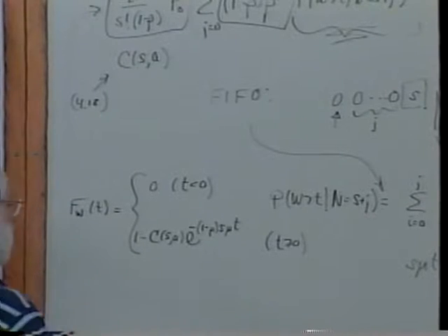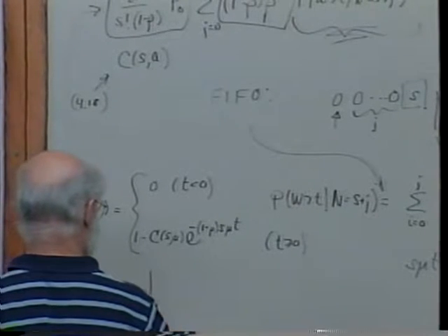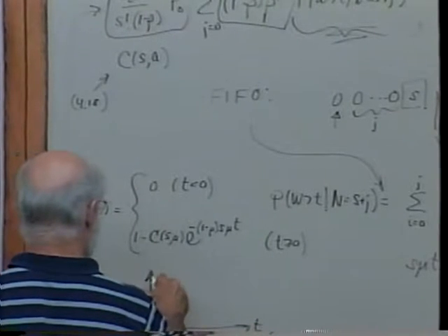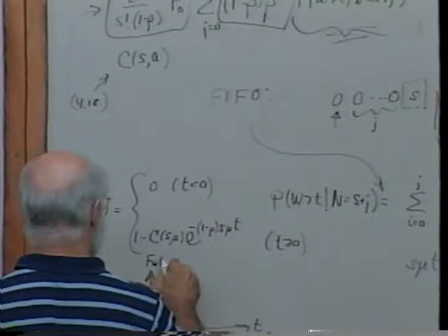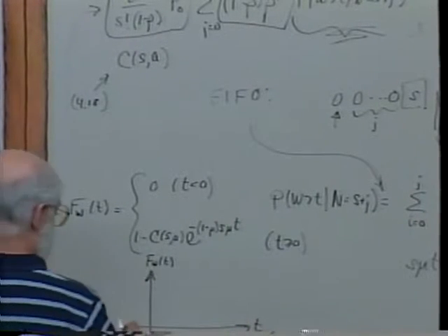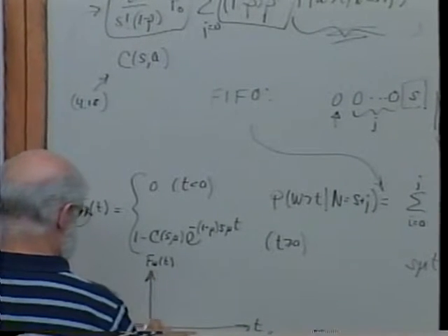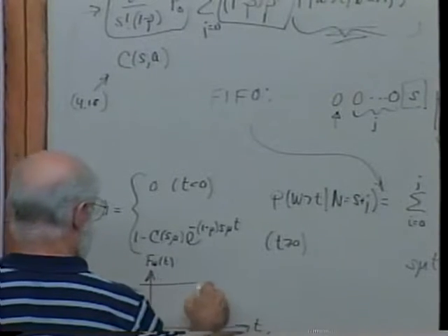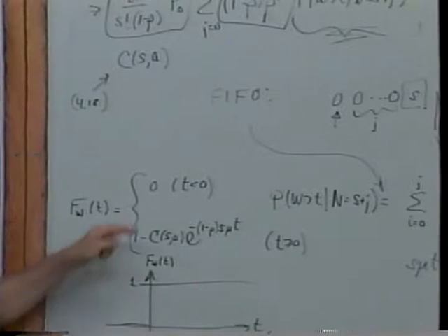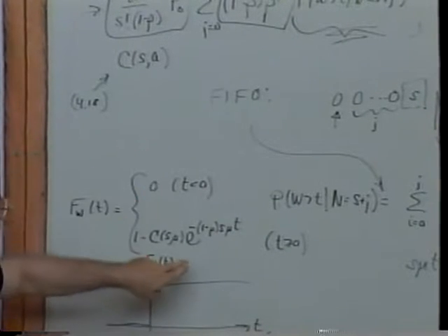Now notice that if I plotted it, what I get is something like this. There's t, and here is the distribution function. When t is negative, the distribution function looks like this. Here's the value 1. When t is equal to 0, then you jump from this branch to this branch.